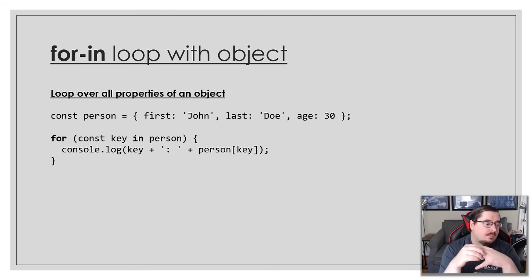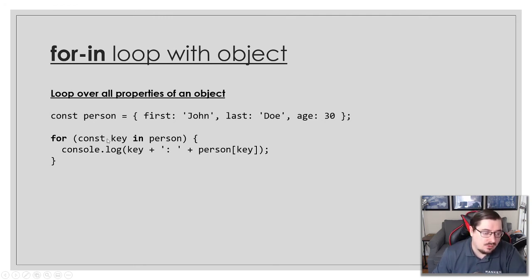Okay. Another thing to note with the for loop, you actually can use the for in structure with objects. But in that case, what I get is not array indexes, but the names of properties. So here I've got an object with three properties. First is John, last is Doe, age is 30. So here I've written a for in loop.